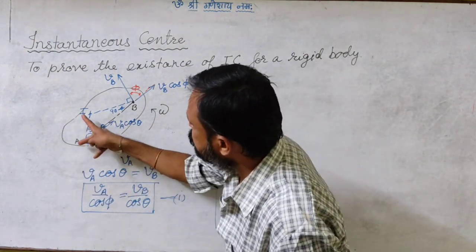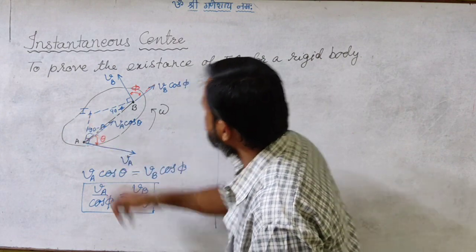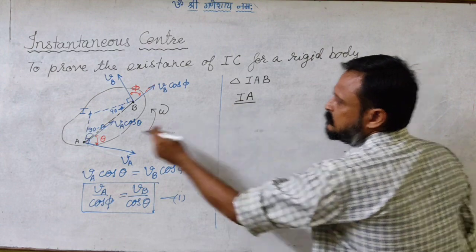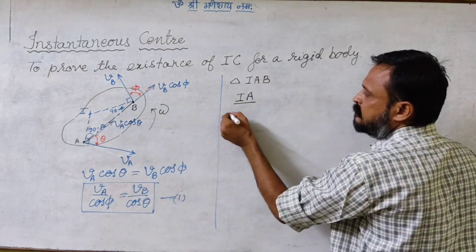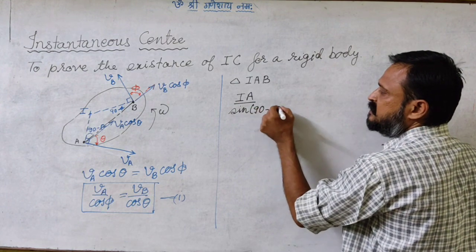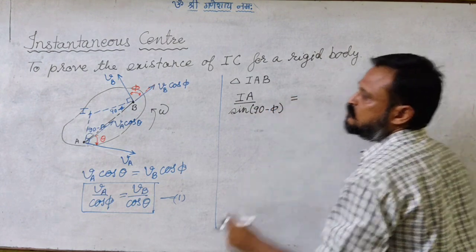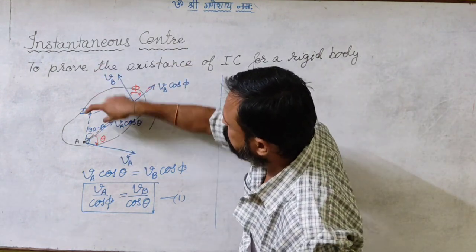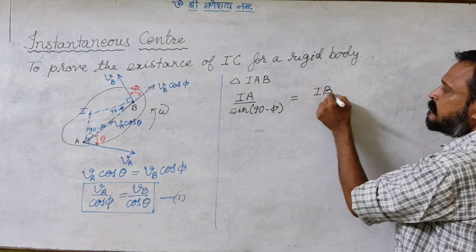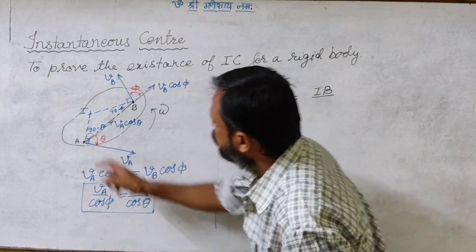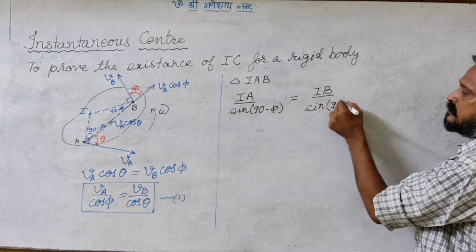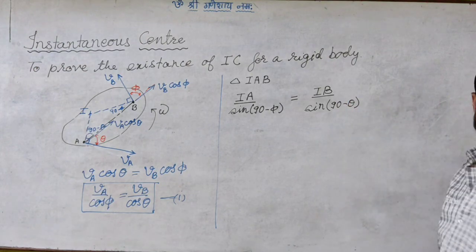For this opposite side, IA upon sine of 90 minus phi will be equal to, for this opposite side, IB upon sine of 90 minus theta.